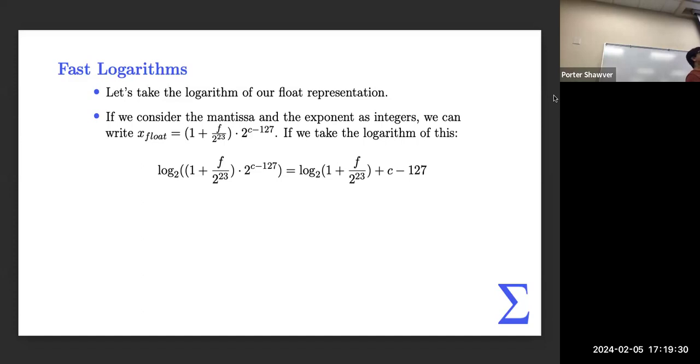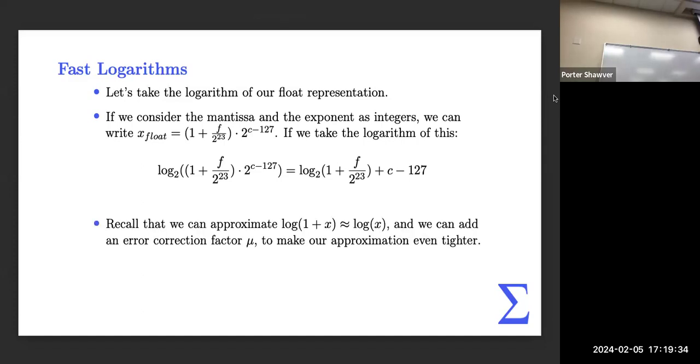That makes sense, right? People are familiar with log rules. And in this example, f is the number shifted up all the way by 2 to the 23, because in the bits, it's off a little bit. For most things, you can approximate log of 1 plus x as around log of x. Log grows so slowly that it doesn't really matter.